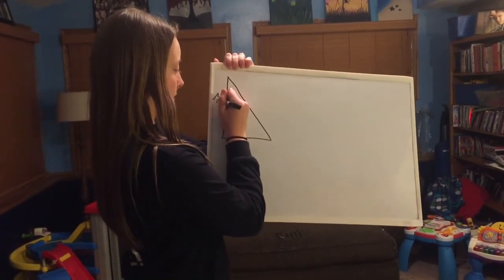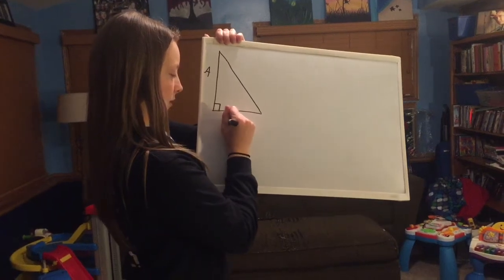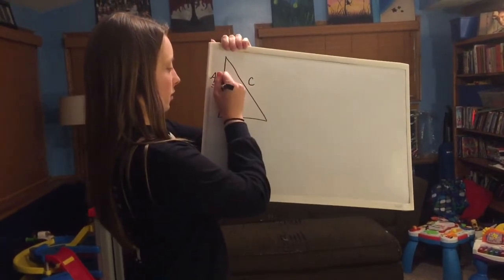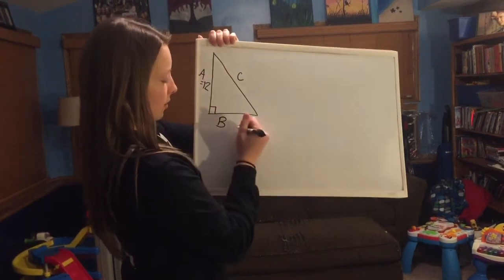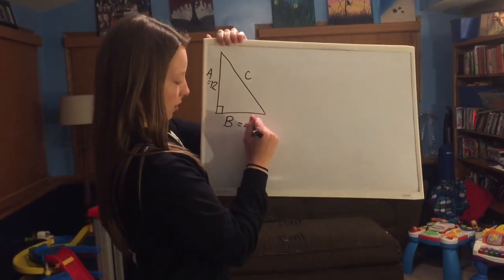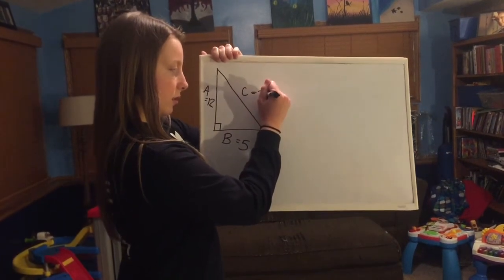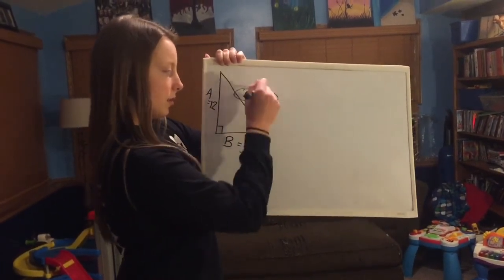Now let's label all of our sides, A, B, and C. Okay, A is going to be 12, B equals 5. Write that down. And C is question mark. That is what we're trying to find.